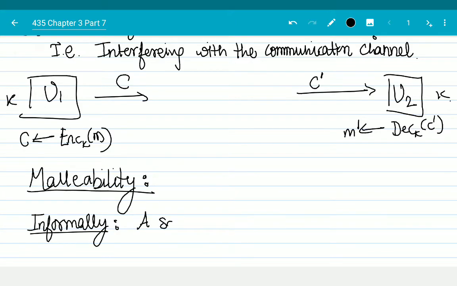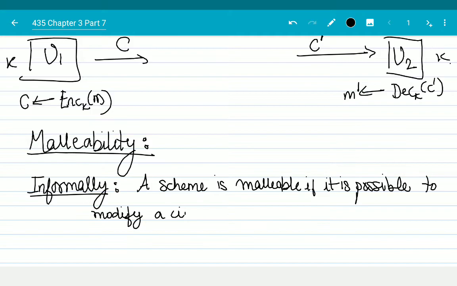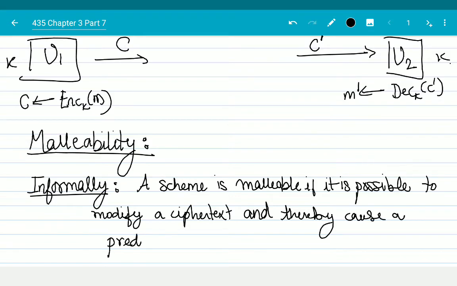A scheme is malleable if it is possible to modify a ciphertext and cause a predictable change to the plaintext.